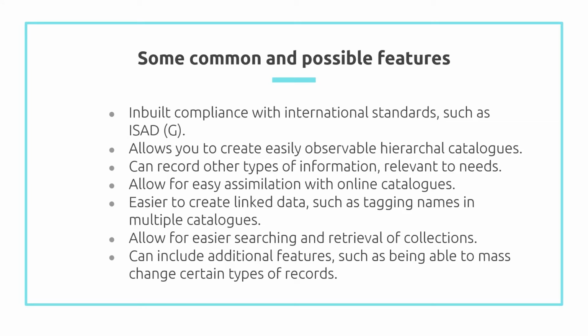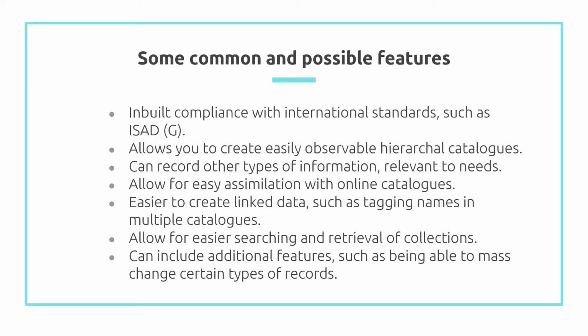So I guess it can work both ways. One of the real advantages is that it can often be easier to create linked data such as tagging names in multiple catalogs. For example, you may create a name access point for someone and tag it within a certain catalog, and then you may tag that certain name in another catalog, and it means that after a while you could look up that name and then see what collections they're linked with, and that can be a real advantage.